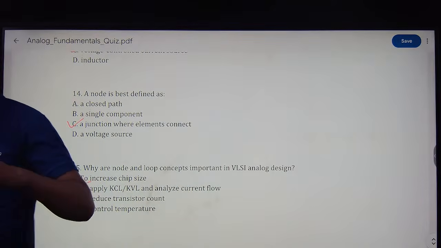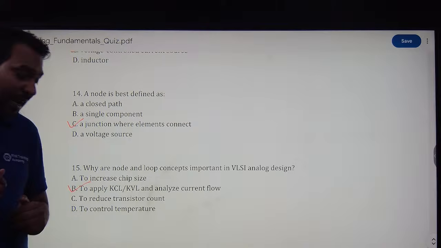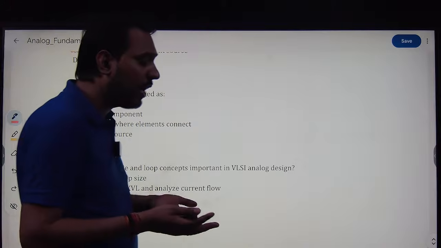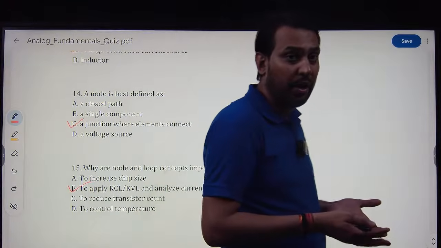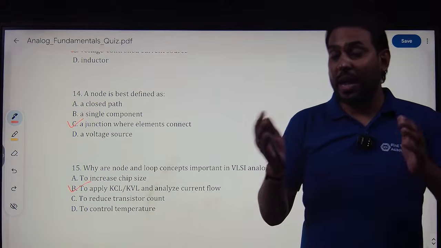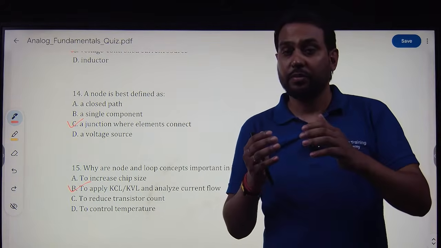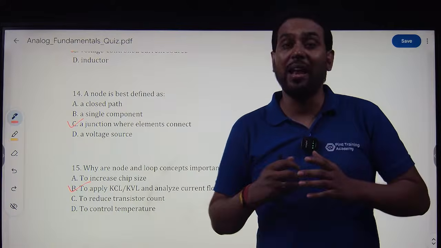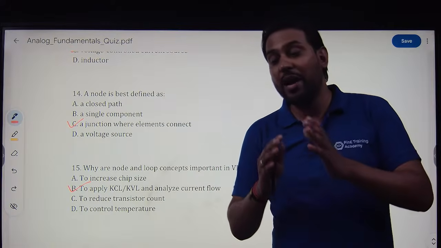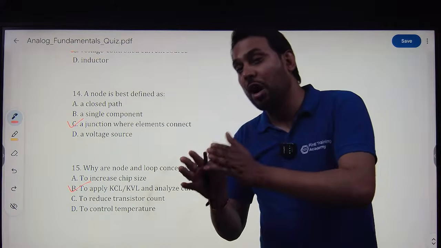Today I am going to discuss star to delta and delta to star. This is a concept where you can make a simple circuit in cases where you can't use series and parallel. First we will check whether the circuit can be solved by series and parallel.